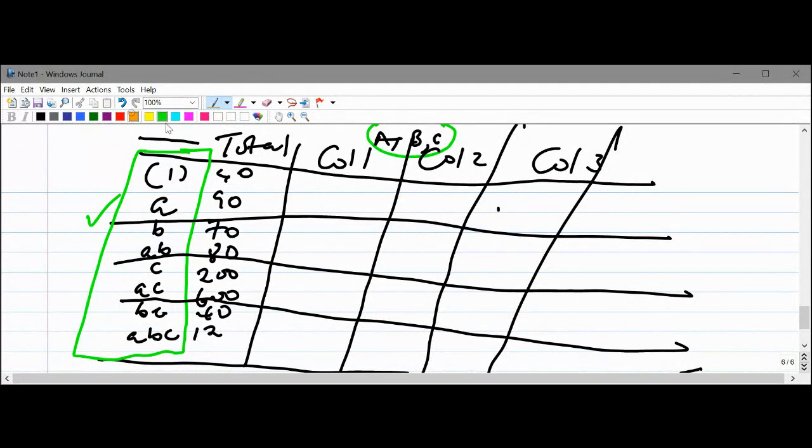Let's say this is value number 1, 2, 3, 4, 5, 6, 7, and 8. To find the value for this one is value number 1 plus value number 2. Value number 3 plus value number 4.